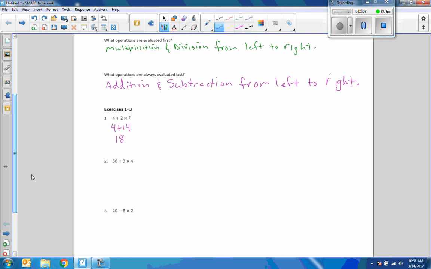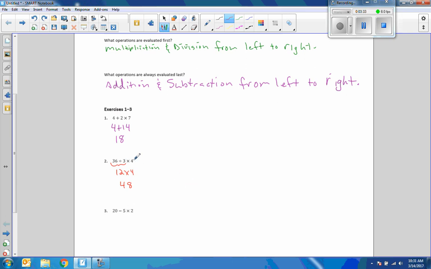Okay? Very important, these rules. I have division, I have multiplication. Division comes first, then multiplication, because it's left to right. So I'm going to do this piece first. Always just do one step at a time. 36 divided by 3 is 12, times 4, 48.